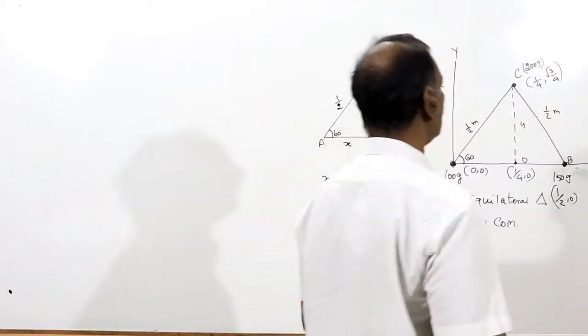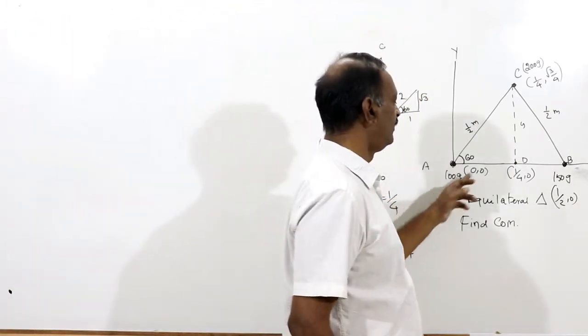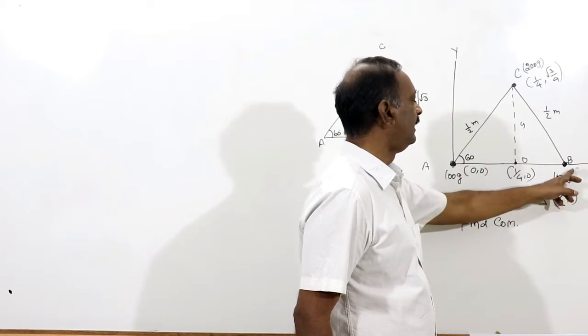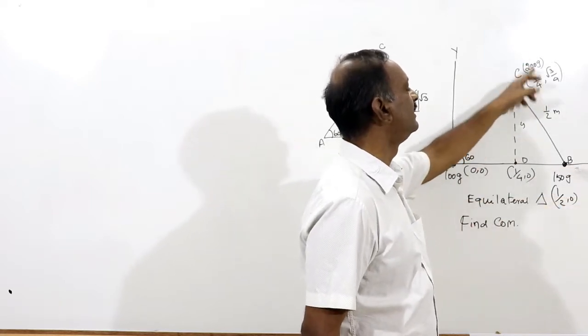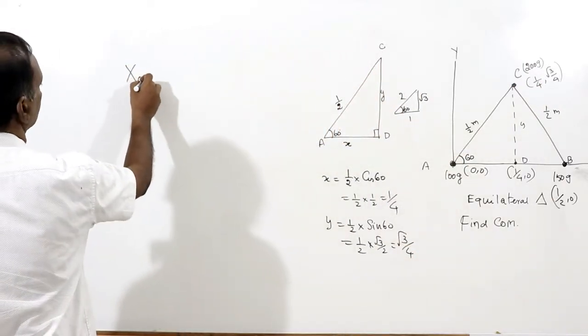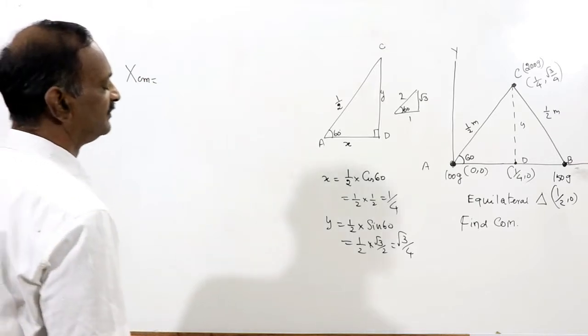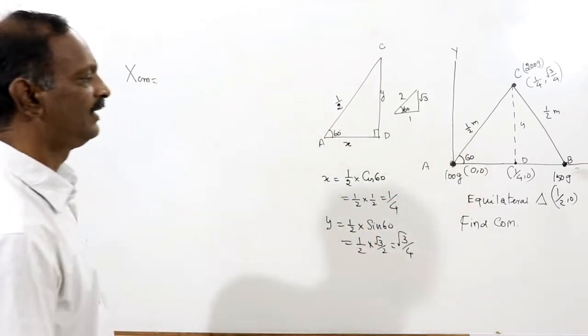Now it is very easy to calculate, since we know m1 x1, m1 y1, m2 x2, m2 y2, m3 x3, m3 y3. So XCM is equal to m1, which is 100, into x1, which is 0, so we need not write it.